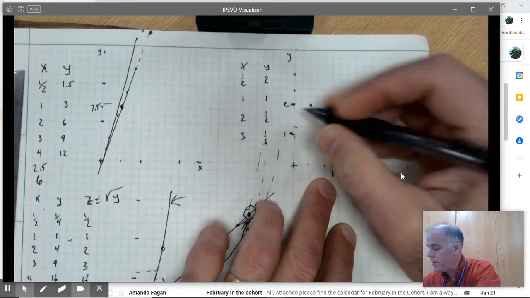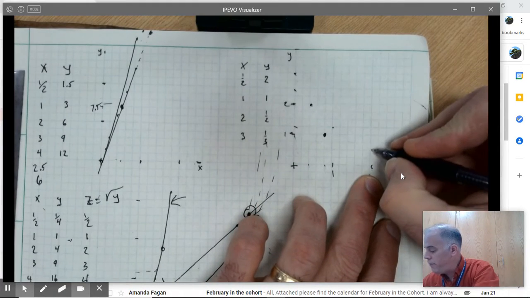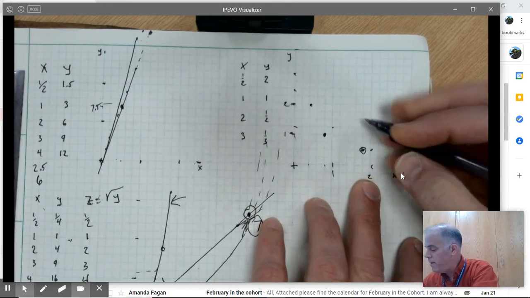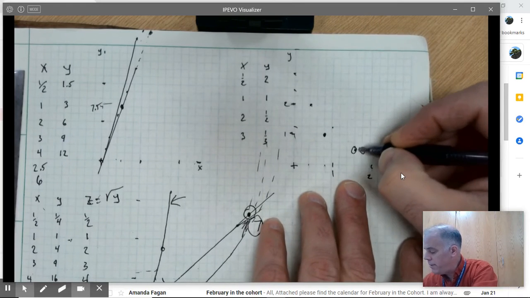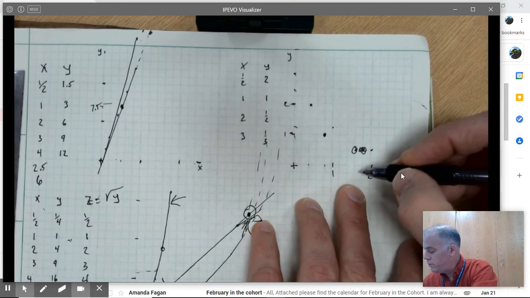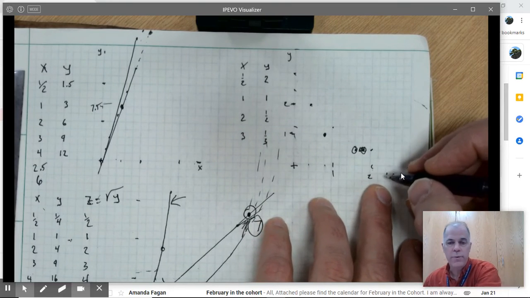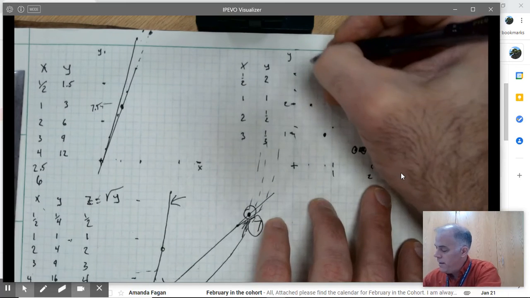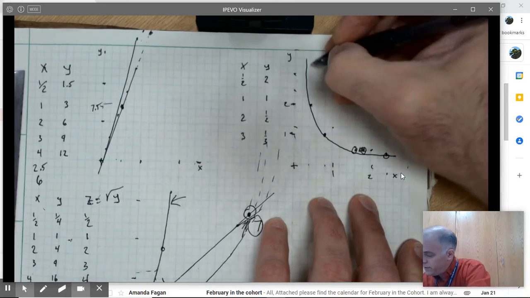When x is 2, y is 1/2. And when x is 3, y is 1/3, which is about here. Okay, and we wind up with a curve that looks like this.